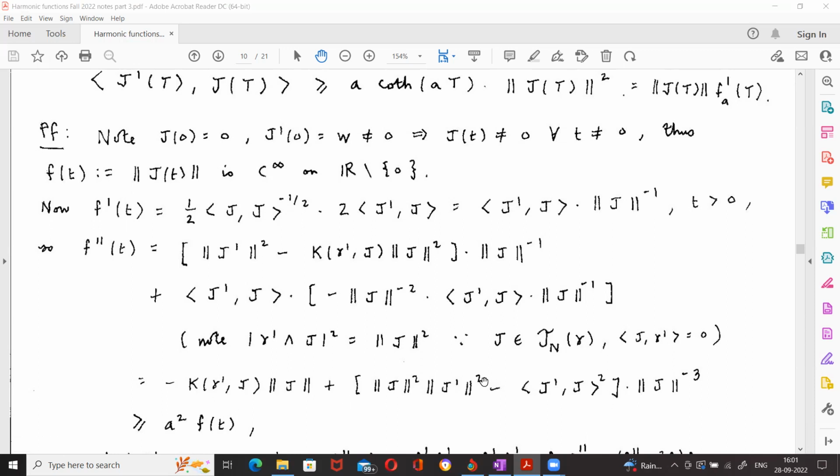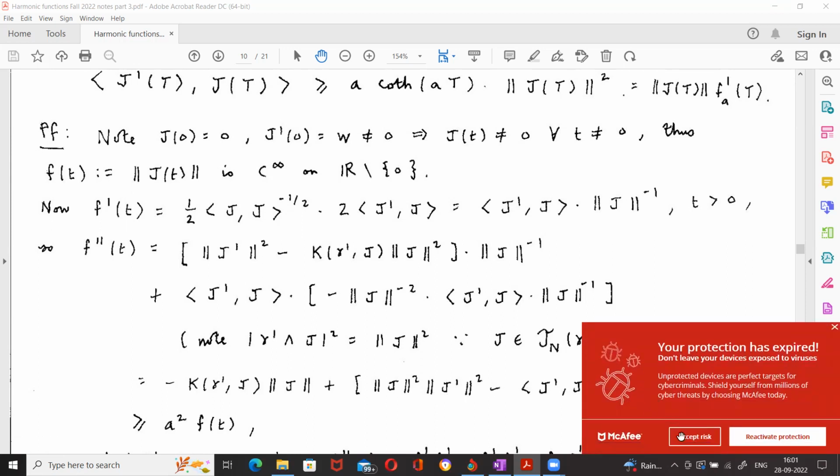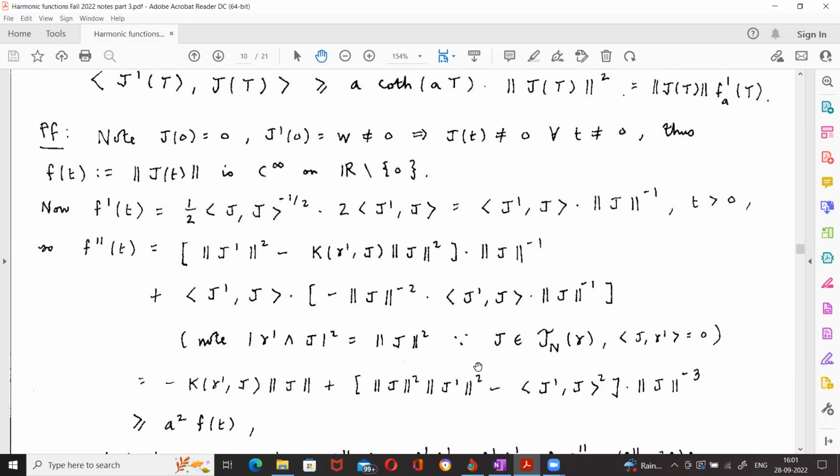But this term we can't control. We don't have an upper bound on this term, so it becomes more complicated. It's just because of this term. If you could control this term, then the rest of the proof is the same; you just reverse the inequalities.